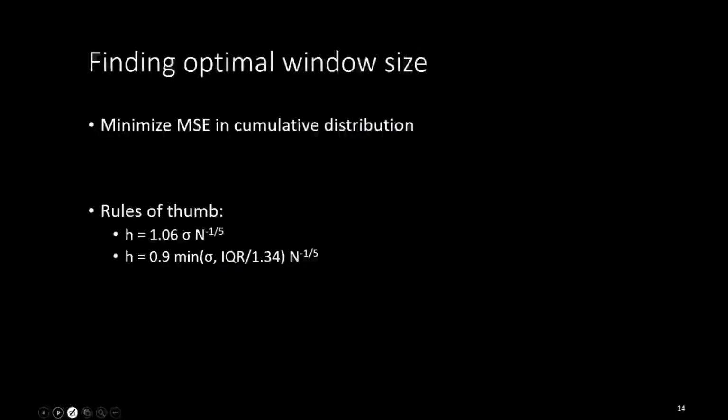Finding the optimal window size means that we want to minimize the mean square error between the cumulative distributions of the empirical data distribution and the Parzen window, or the estimated distribution that we have. So let's say we have p empirical and we have p non-parametric.